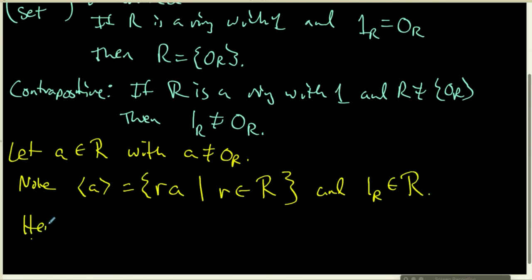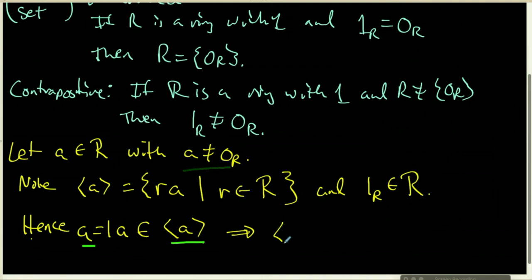Hence, what I know is that 1 times A, which of course is equal to A, has to be inside this principal ideal. And that's enough to say, since 0 is not equal to A, and A is inside this principal ideal, that this principal ideal is not just the 0 ideal.